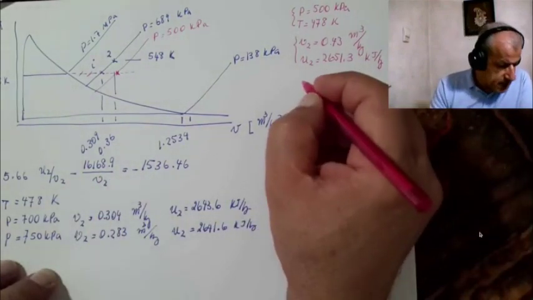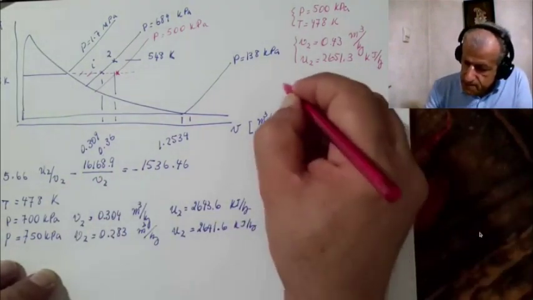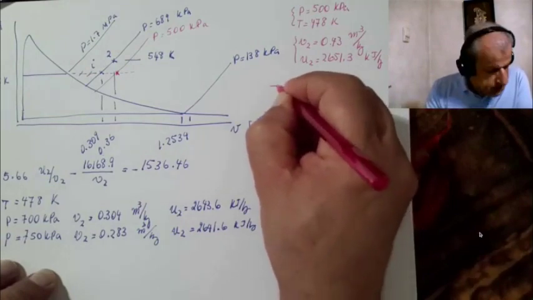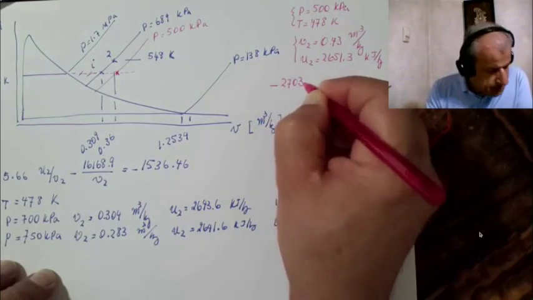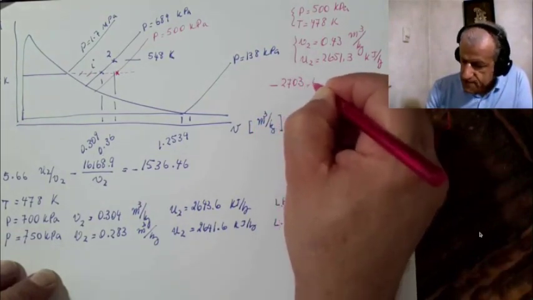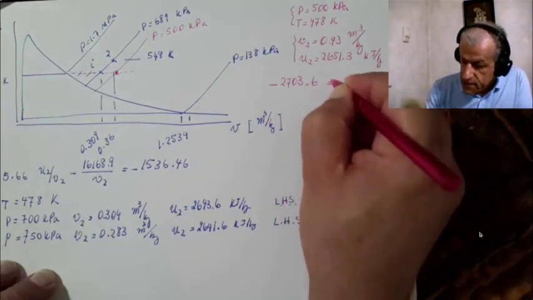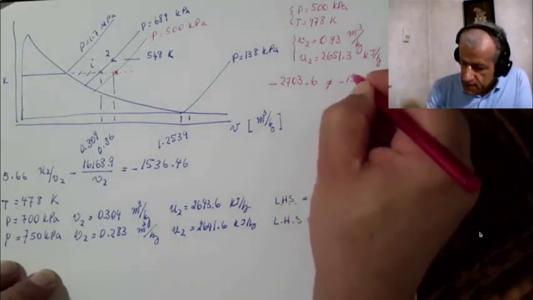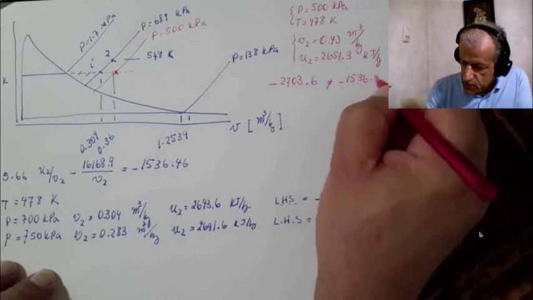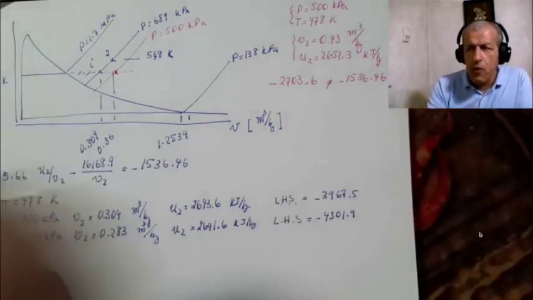The left-hand side would be minus 2703.6, which is not equal to minus 1536.46. What does this mean?